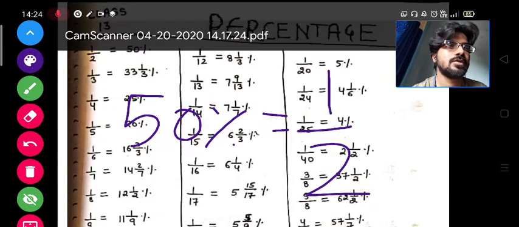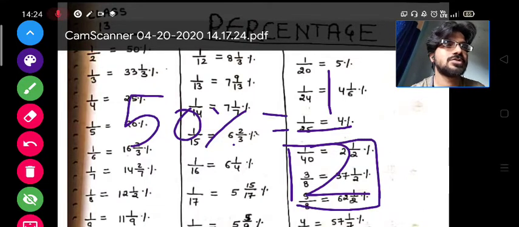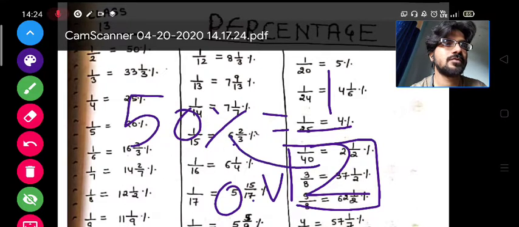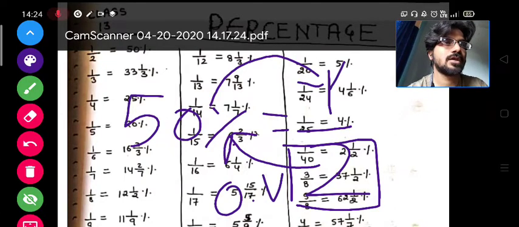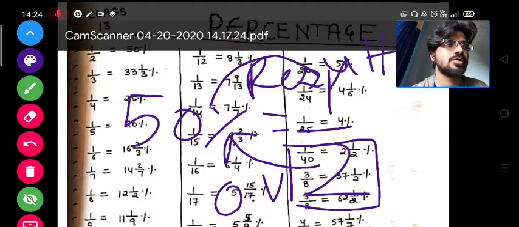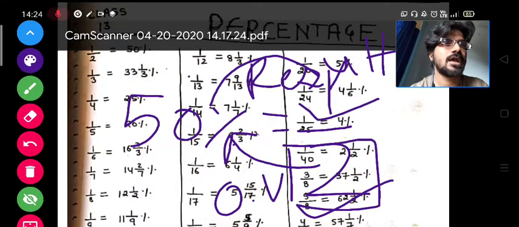Whatever value you have at the denominator is the original value. And whenever you apply a percentage operation on the original value, suppose you apply 50% of 2, 50% of 2 is 1. The numerator will give you the result. So you have to remember that this is the original value, what you get is the result, and this is the application of.